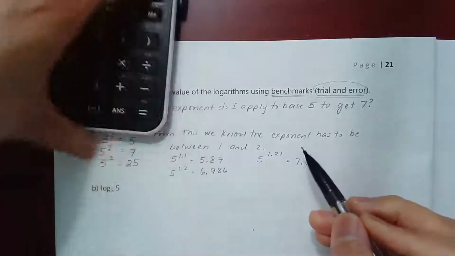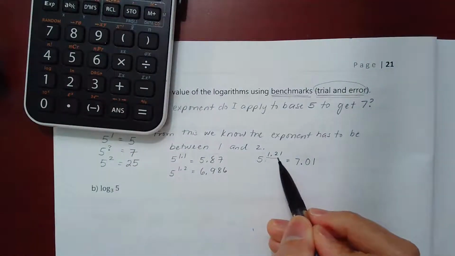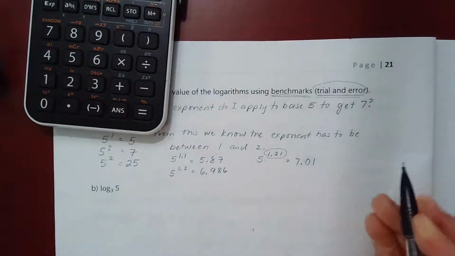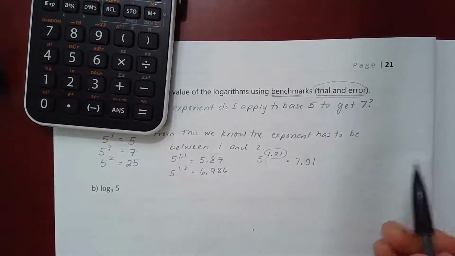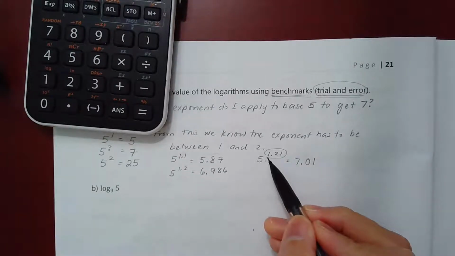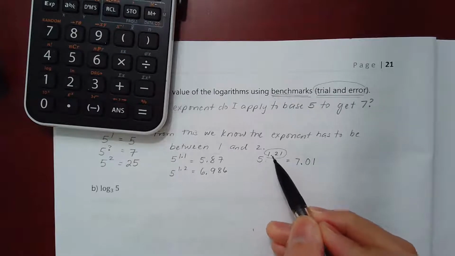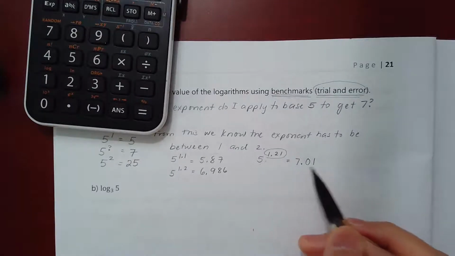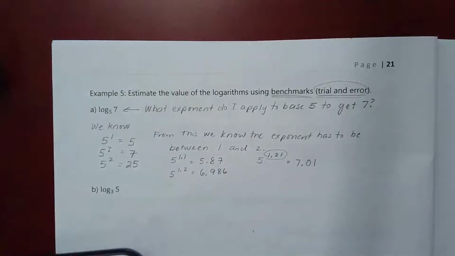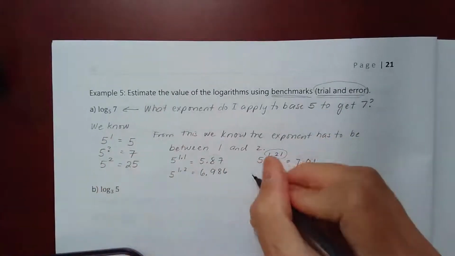So using trial and error, I figured that the exponent that I have to apply to 5 to get a 7 is 1.21.